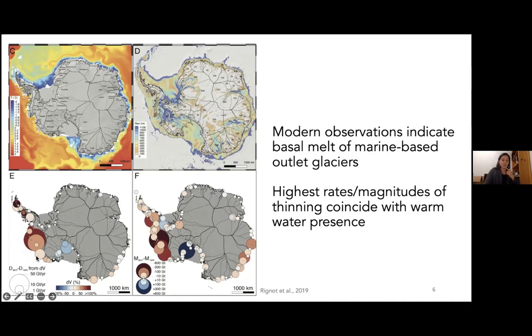You can see this discharge and this mass loss, and it's associated with these relatively warm waters creeping up into the margin. But you'll also see that there are significant portions of East Antarctica as well, here specifically in the Pacific sector, and I'm zooming in here on the Aurora subglacial basin, that are associated with warm water presence as well. And this is mass loss over the last 40 years.